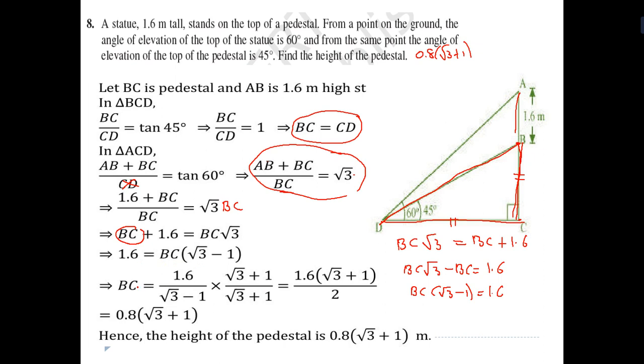To find BC, the multiple should go into the denominator, but here there is a minus sign, so we have to rationalize it. Multiply by root 3 plus 1 upon root 3 plus 1. Here, difference of squares: root 3 square minus 1 square, that is 3 minus 1, equal to 2. That way we get the answer.